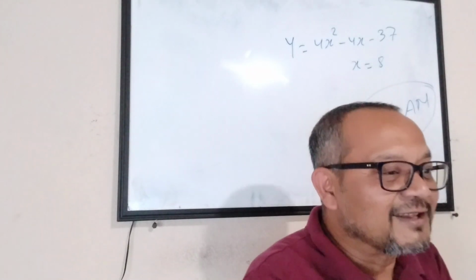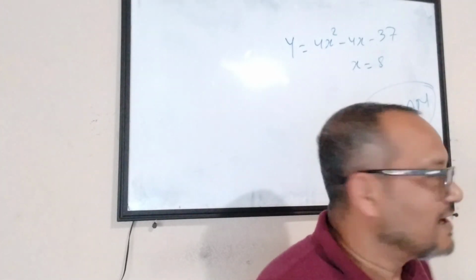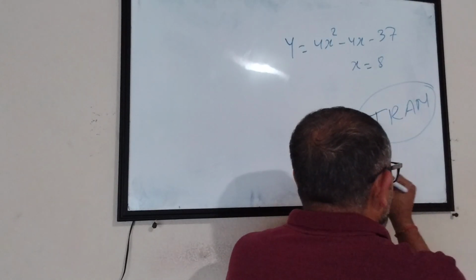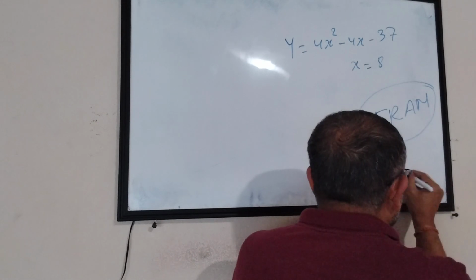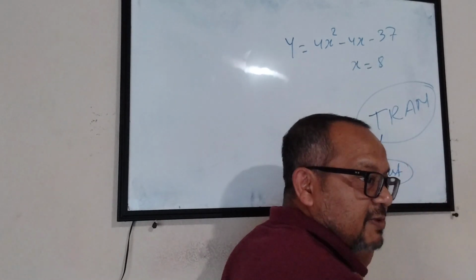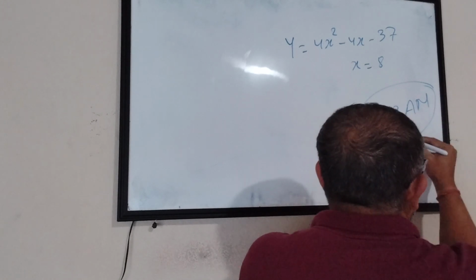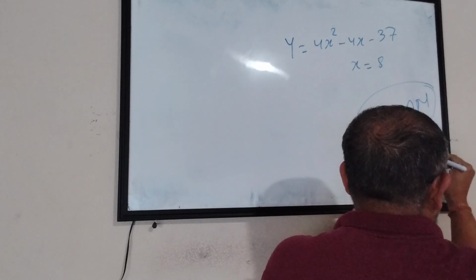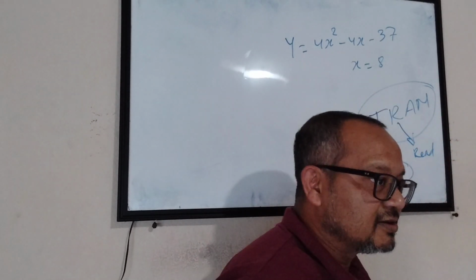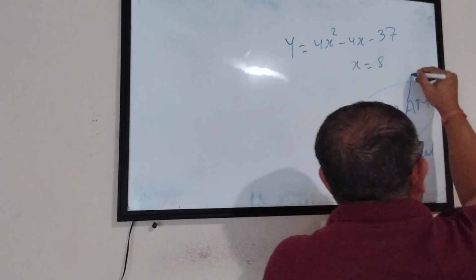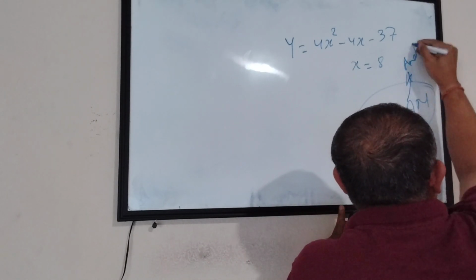We have a new student in the class, so I have to explain what is TRAN, okay? T stands for trust. Meaning you have to always trust yourself that if anybody can solve the problem, it's me. Always trust yourself. Then comes R, which means read. Read and read till you get tired. Then comes A. A stands for analyze.